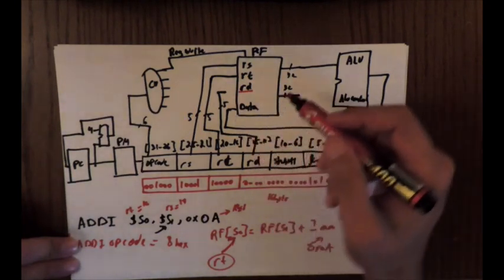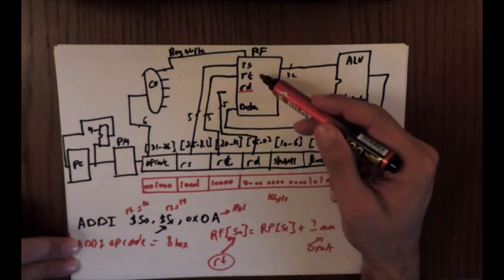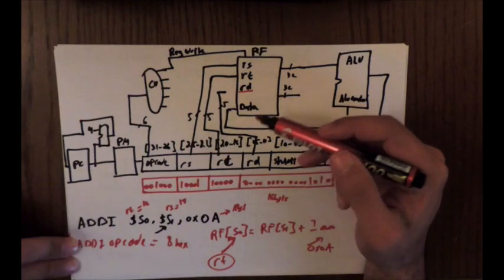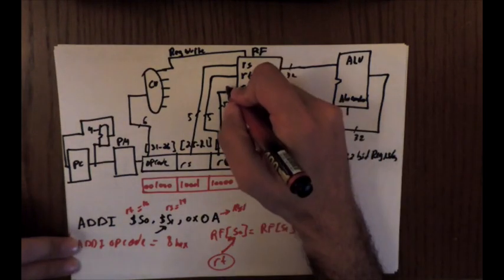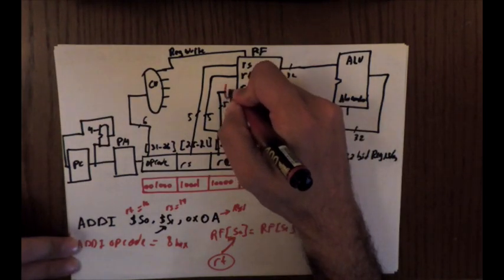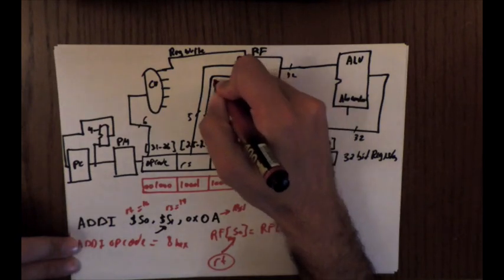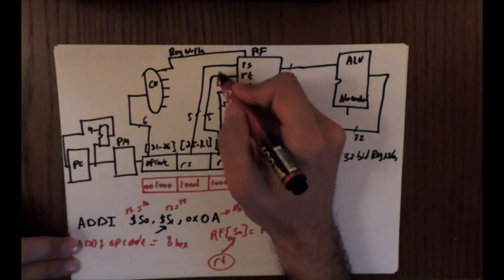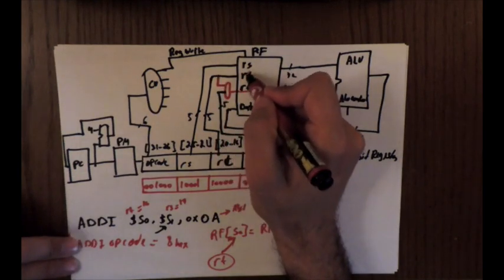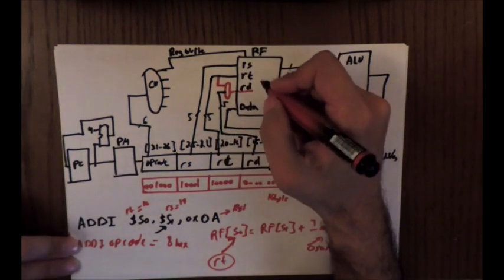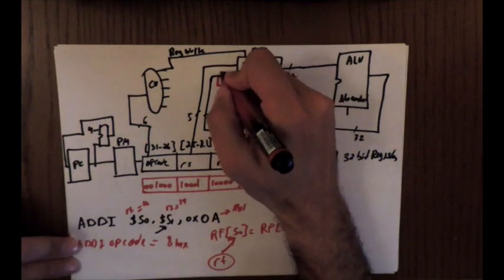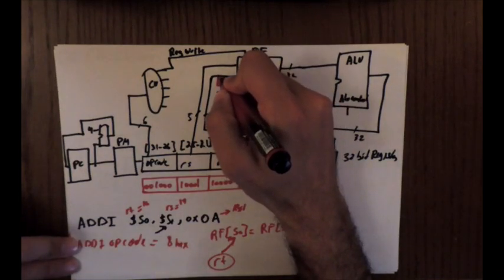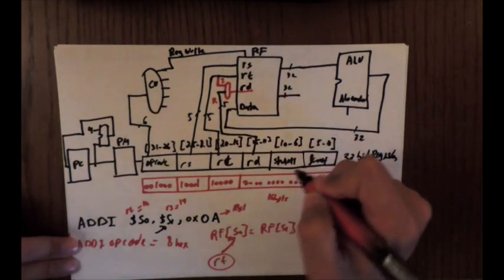So in order to choose between RD and RT, which is R format and I format, I add here a multiplexer and put this line which chooses now between RT and RD. Of course, this is I format coming for I, and this is for R format.